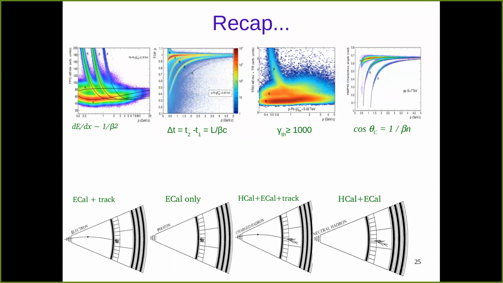And then there is another detector which is based on the Cherenkov radiation principle, that is the HMPID, high momentum particle identification. You know that when the velocity of a particle is higher than the velocity of light in a given medium, it emits Cherenkov radiation, and the angle at which the Cherenkov radiation is emitted is also inversely proportional to beta.